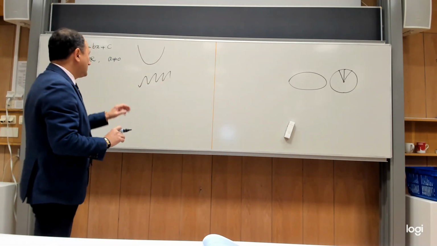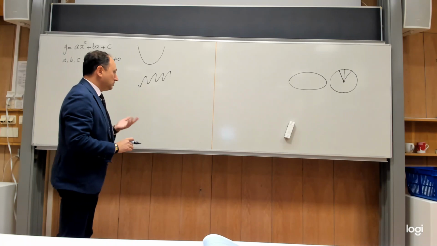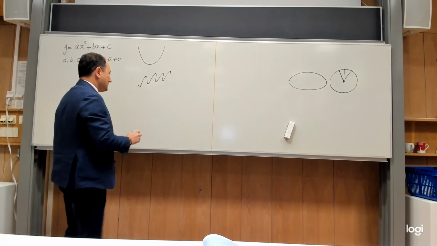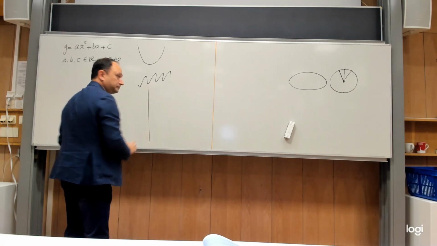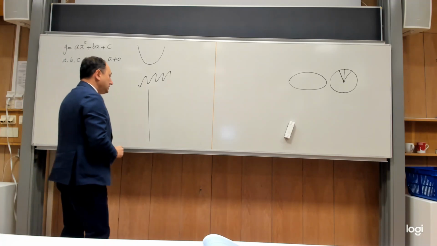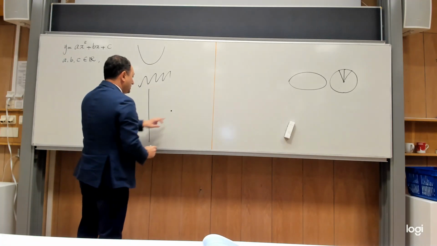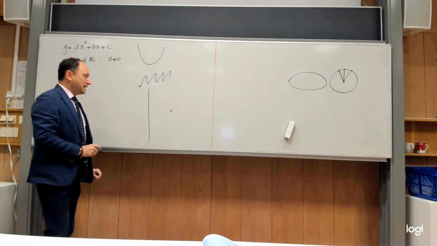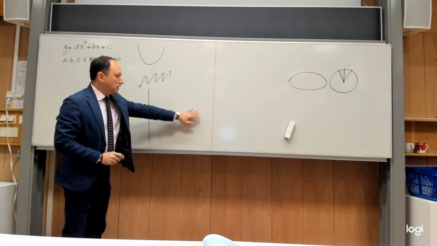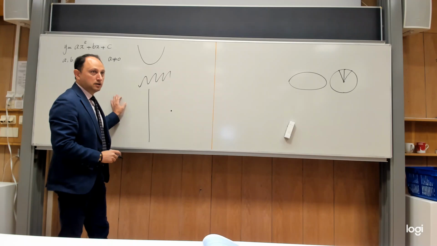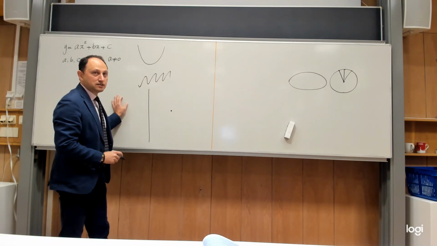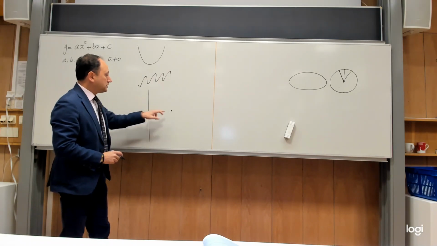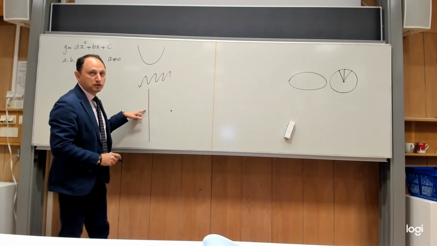If I want to tell you what a parabola is, the parabola is this. You need to have a line, and then you need to have another point which is not lying on the line, and then you say that all the points on the whiteboard which are equidistant from this one and this one form a parabola.